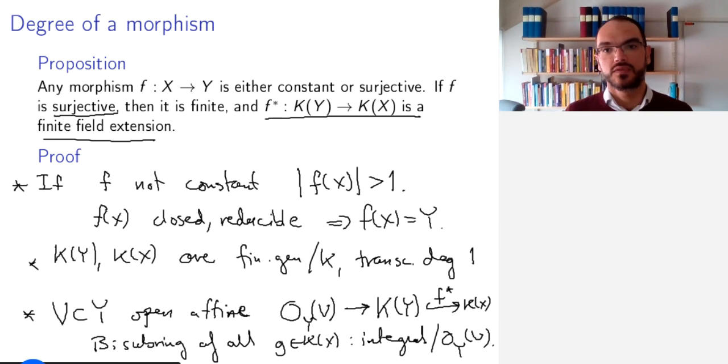In connection to the discussion on normalization, we have seen that this is a finite extension, and so this corresponds to an affine open U in X that is a finite module over O_Y(V). And this precisely proves that f is finite.